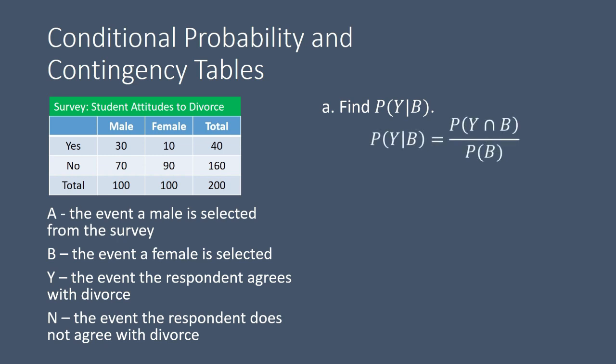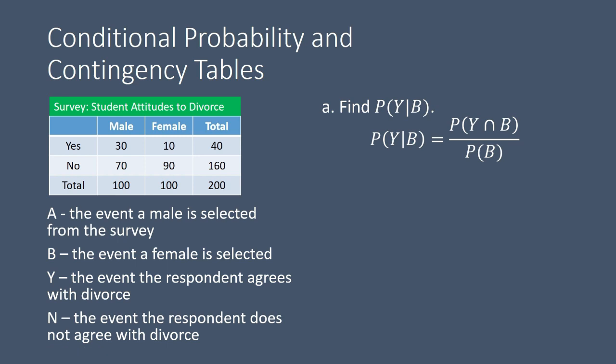So the probability that the respondent will agree with divorce, given that the respondent is a female, is equal to this: the probability of Y intersection B, the respondent agrees with divorce and she is a female, divided by P of B, the probability that the respondent is a female.